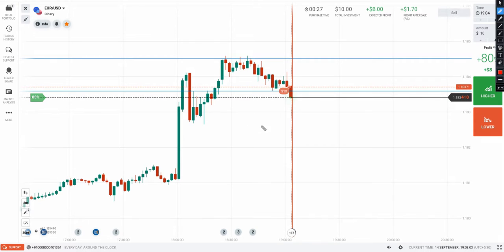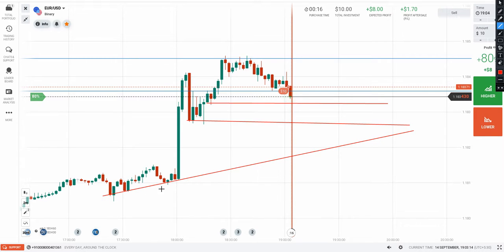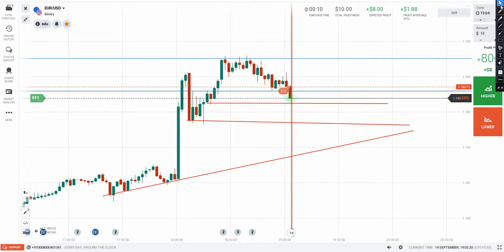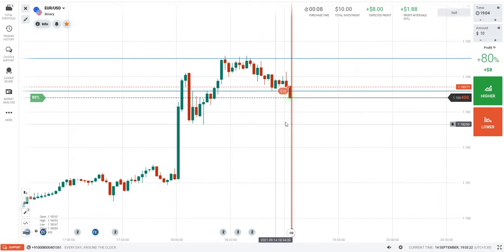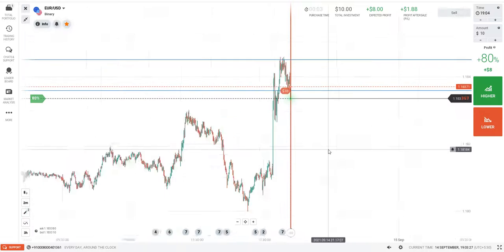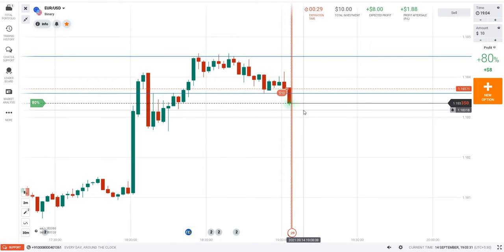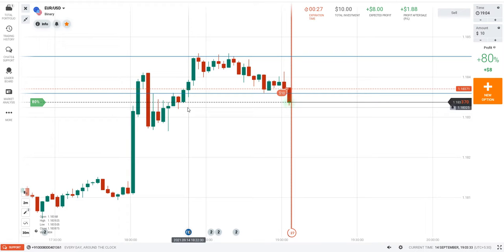So I'm expecting that this will be the next entry of buyers, or this area, or this one. So this is the probability of bias. Strong selling pressure and a strong seller's entry.